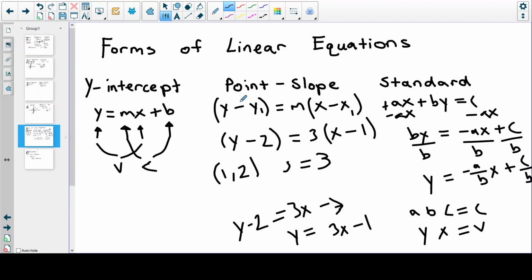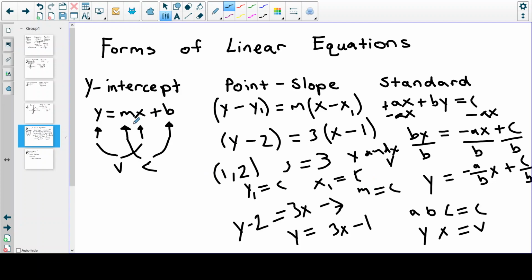Same here with point slope: y1 is going to be equal to a constant, x1 is going to be a constant, m is going to be a constant, and y and x are variables.